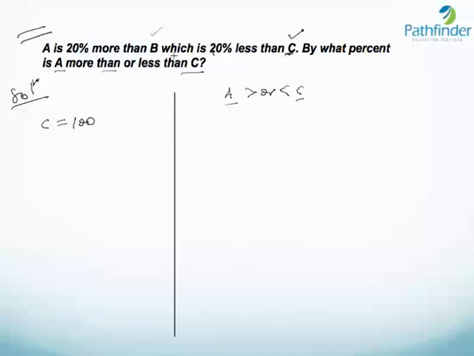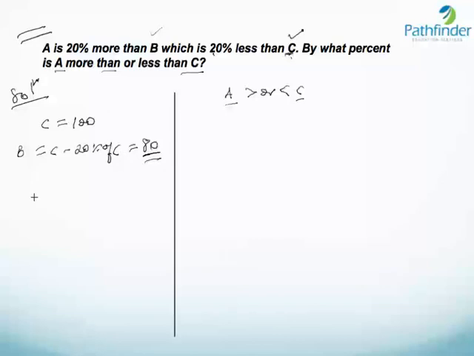So whose value can we obtain when we have C's value? We can obtain B's value because B is 20% less than C. So we can write B as C minus 20% of C, that is equal to 80. So we get the value of B as 80.